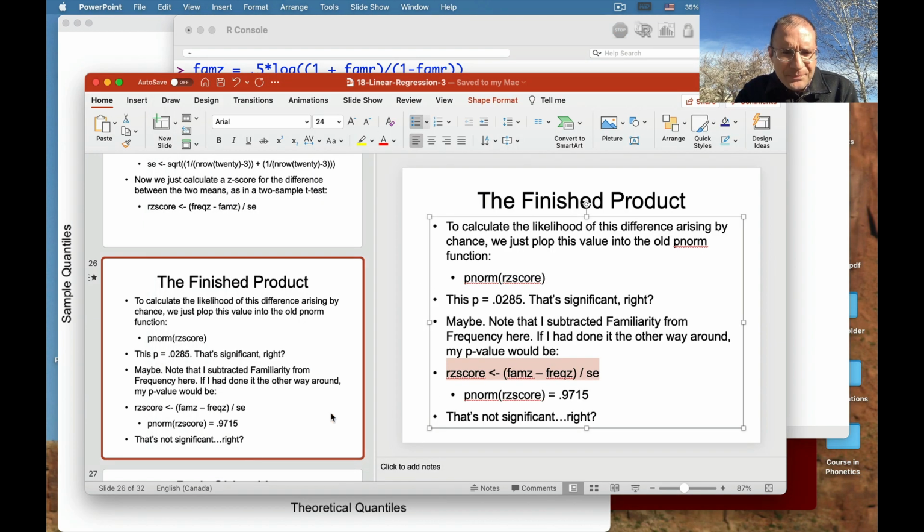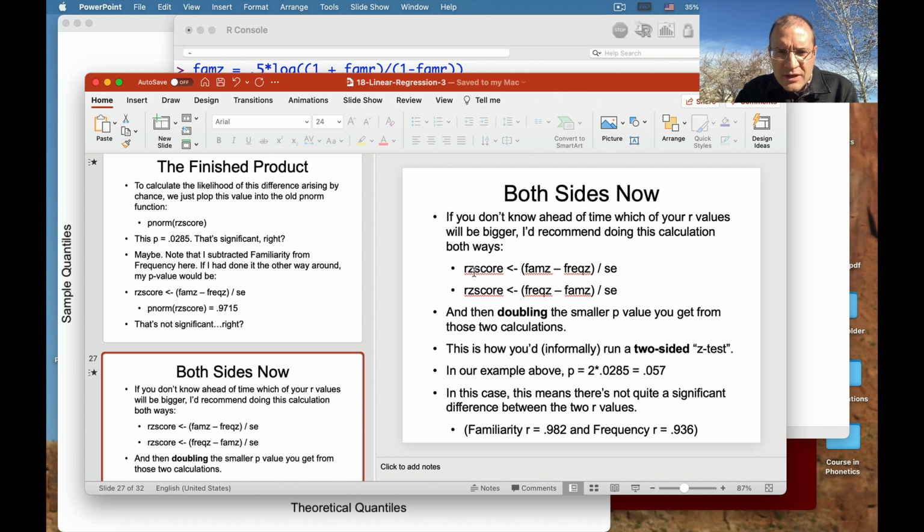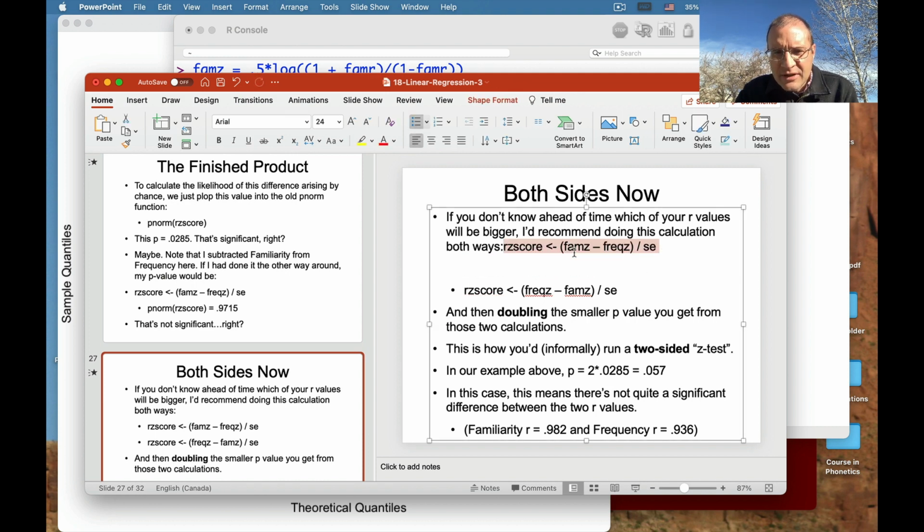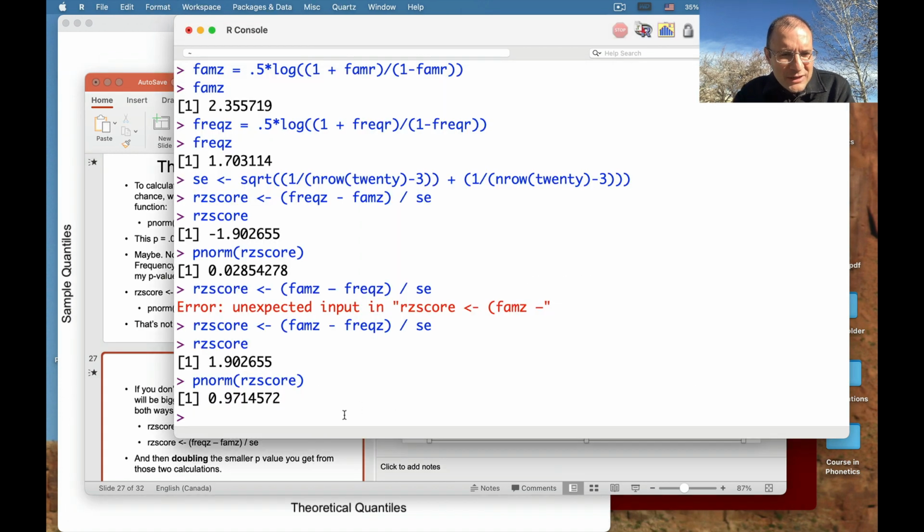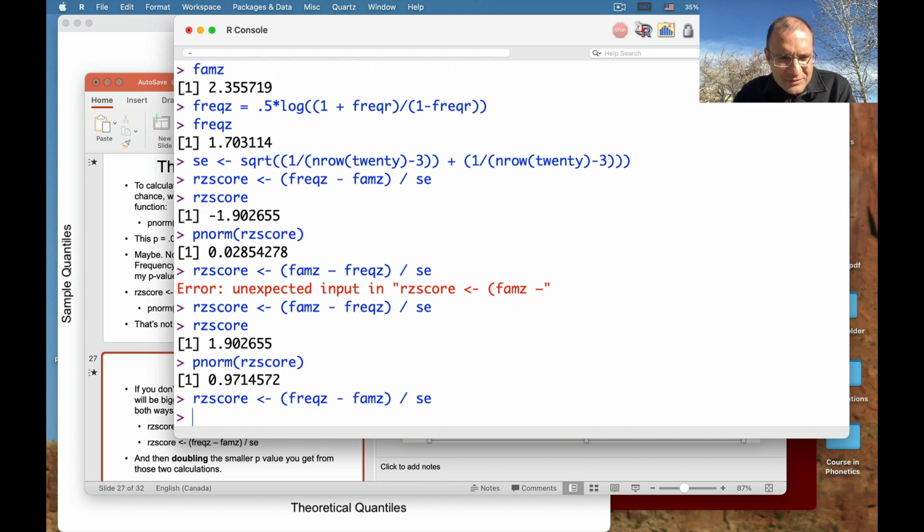For that reason, I'm going to suggest that you should do it both ways if you're making this calculation. And in fact, an easier way to do it both ways might be to say, sorry, I'll do it differently.